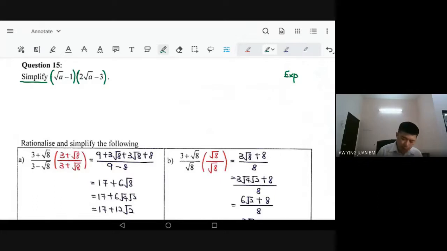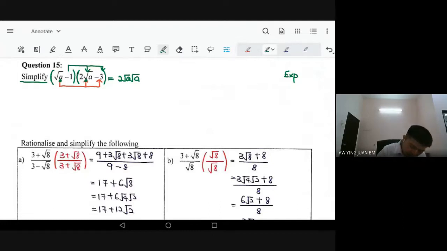Okay, expansion. So when we expand, normally kita buat apa? Yang kita suka. So kita expand this one and this one. So we will have 2 square root of A multiply with the square root of A.